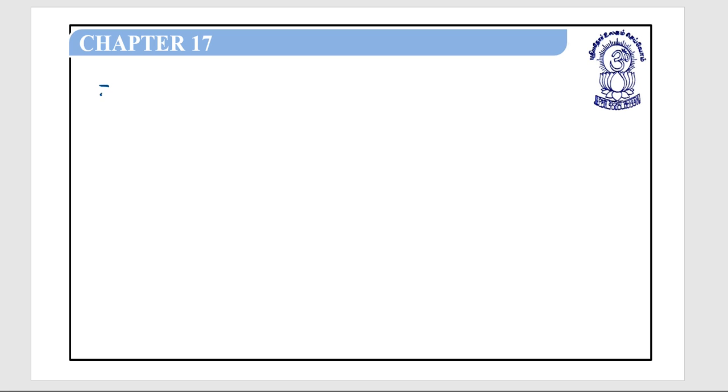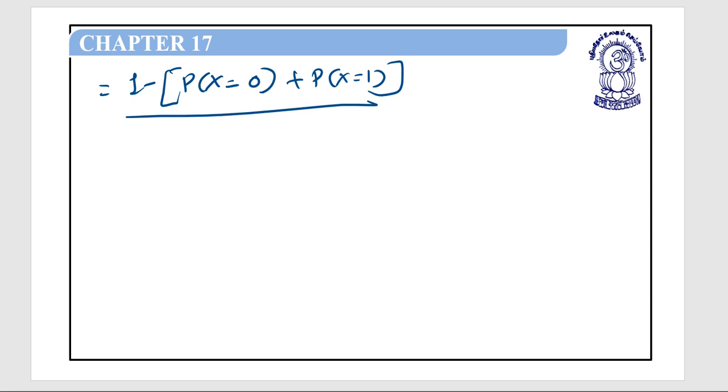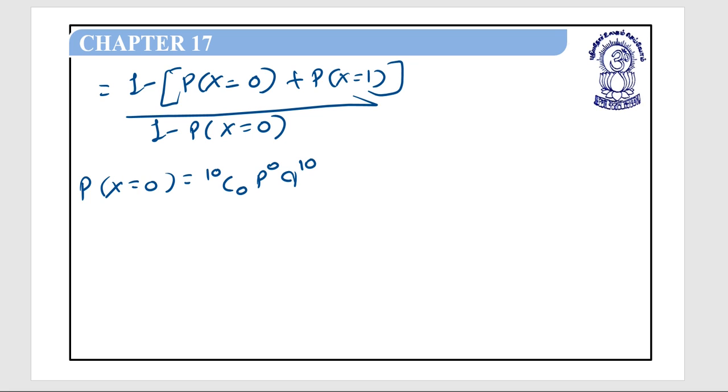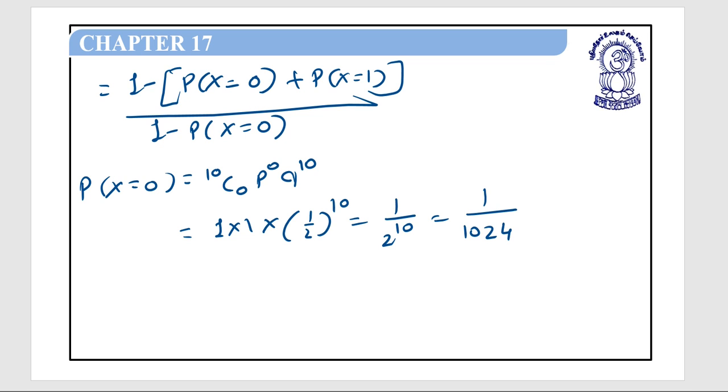So here write 1 minus, in the bracket, probability of x is equal to 0 plus probability of x is equal to 1, upon 1 minus probability of x is equal to 0. Probability of x is equal to 0 is equal to 10C0 p raised to 0 q raised to 10. 1 into 1 into 1 by 2 raised to 10 is equal to 1 by 2 raised to 10 is equal to 1 upon 1024.